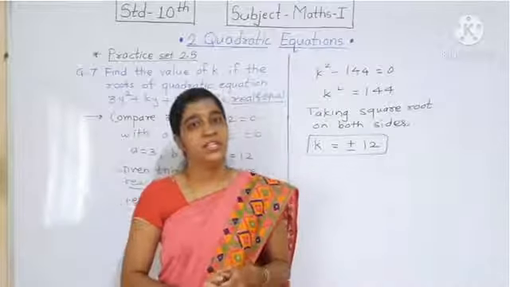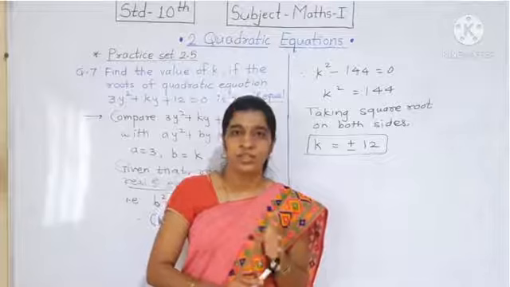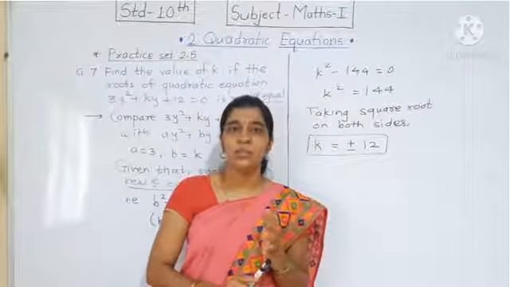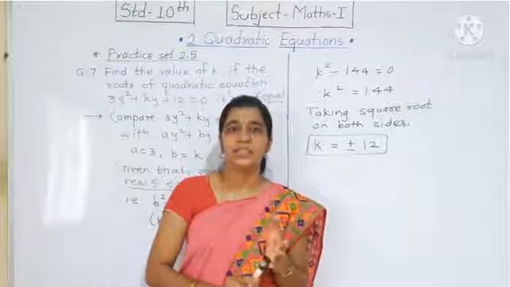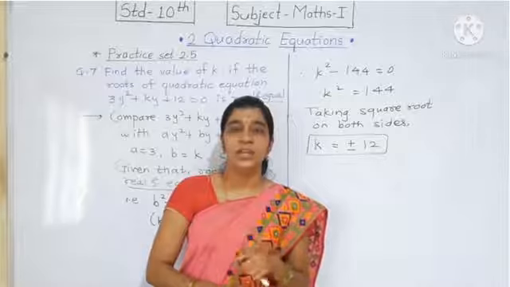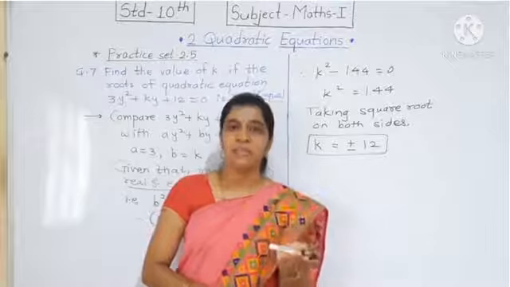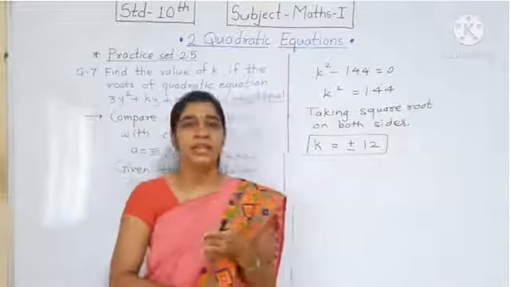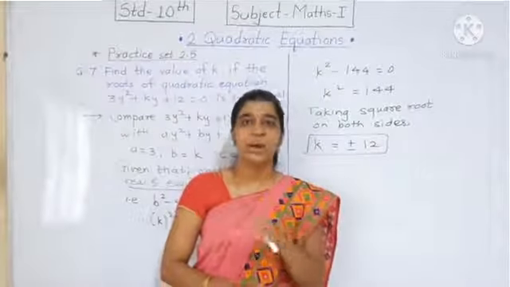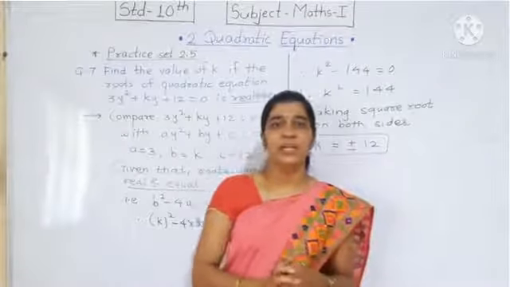So students, in this lecture we had seen how to form a quadratic equation, that is formation of quadratic equation by using formula x square minus alpha plus beta into x plus alpha beta is equal to 0, and relation between roots and coefficients, that is alpha plus beta is equal to minus b upon a and alpha into beta is equal to c upon a.